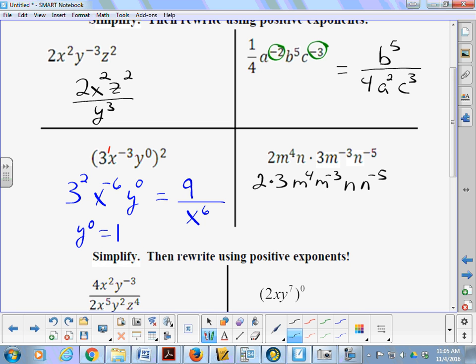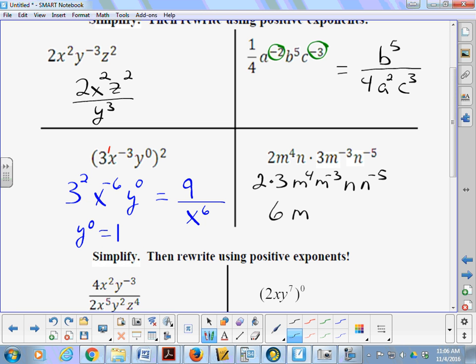All right. So first, just putting the variables together will help me in my simplification. So 2 times 3, that's 6. m to the 4th times m to the negative 3rd, we add those exponents. 4 plus a negative 3 is 1.